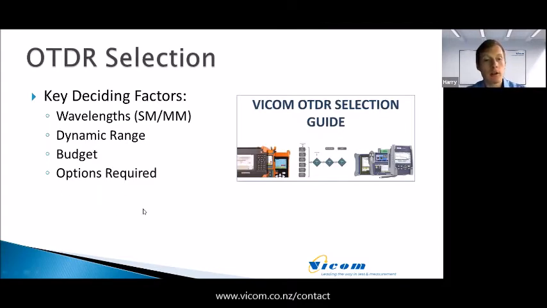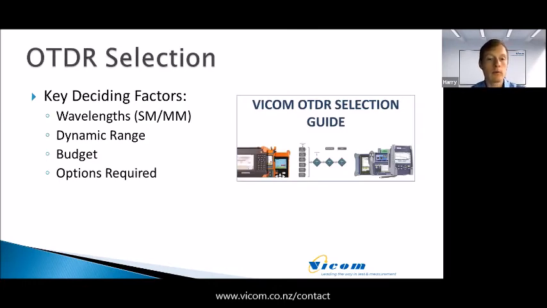Budget is also a big consideration. And the only reason budget's such a big consideration is there's such a variation of OTDRs you can get, with basic entry-level models starting at about $2,500, up to full-blown network testers with Ethernet testing capability, where you're at the $30,000 to $35,000 mark. So big range in prices that you can go between, and having an idea of how much you want to spend really helps narrow down what's available to you.